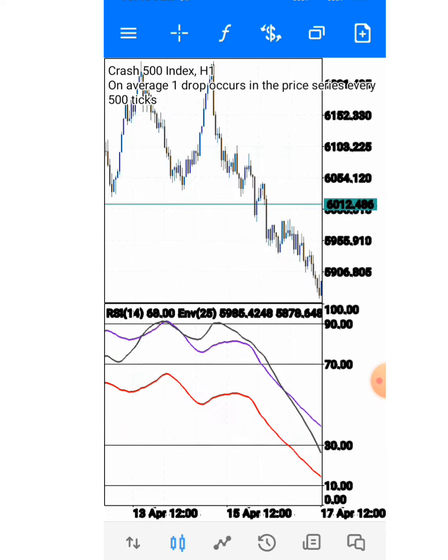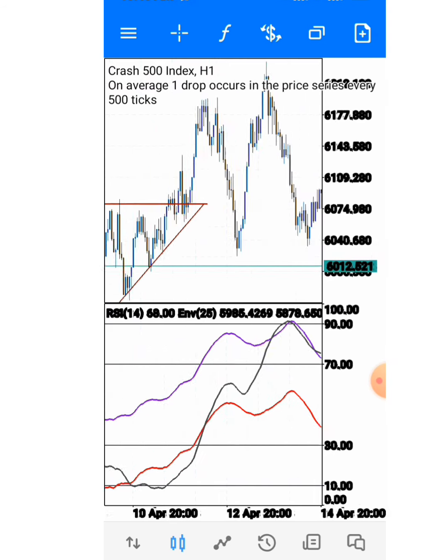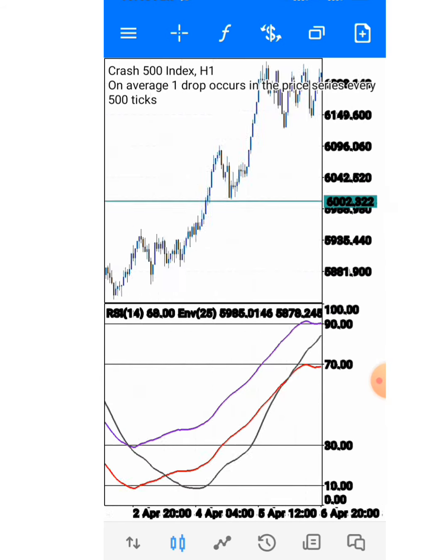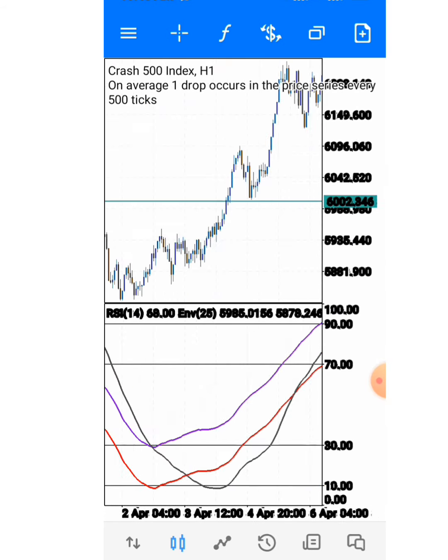First of all, let's focus on the buying area, on buying pressure, before we move to sell. So how does this work?